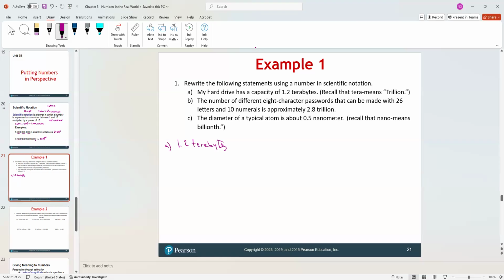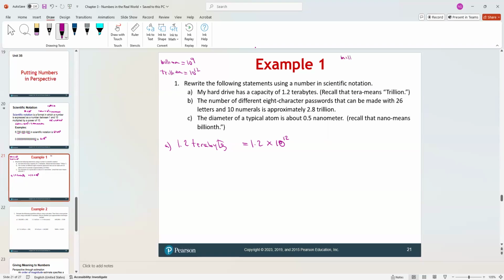So if you have 1.2 terabytes, that means 1.2 times 10 power. Trillions means 12 zeros, right? So that's power 12. Because billions is 10 power 9, trillions is 10 power 12.